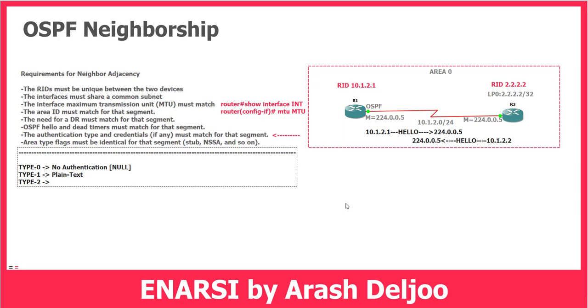After that, the next method is the MD5 cryptographic hash. Let me write it here: MD5 cryptographic hash. This is the most secure method that we can use. You know that MD5 is the abbreviation of Message Digest 5.